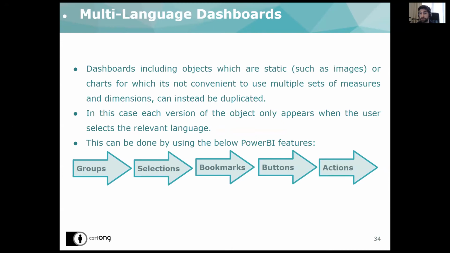Then we use the buttons to select the status that we want. In this example, it's going to be English or French. And then the buttons have actions, which is how the buttons change the bookmarks. So that's just a little summary of how we take 5 different features of Power BI. And with no coding at all, we can create a dashboard that can display or not display objects as needed.